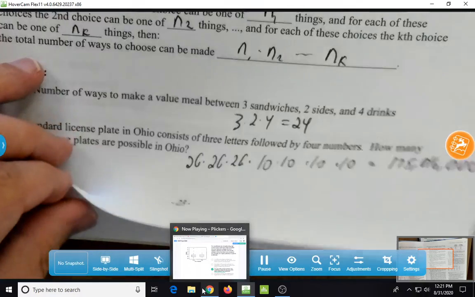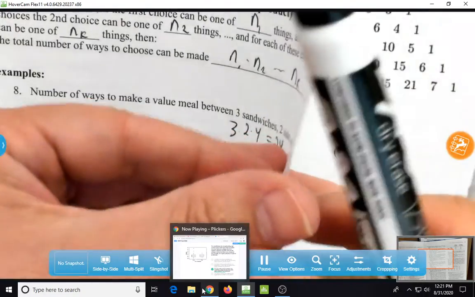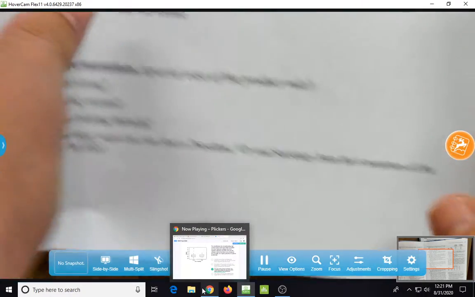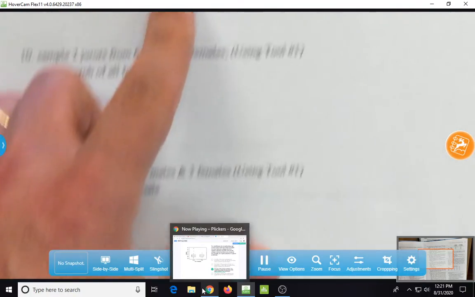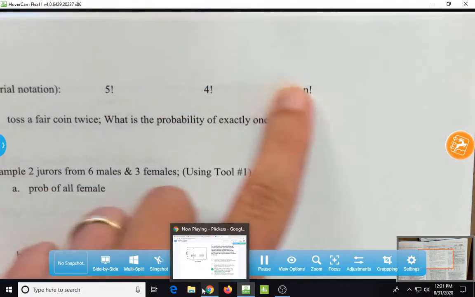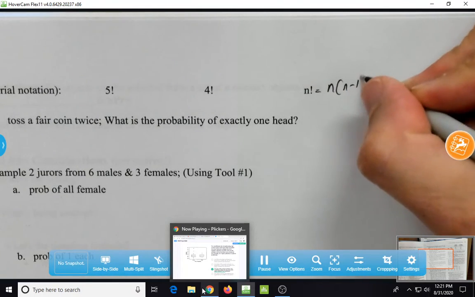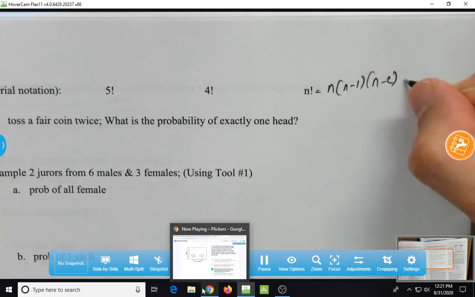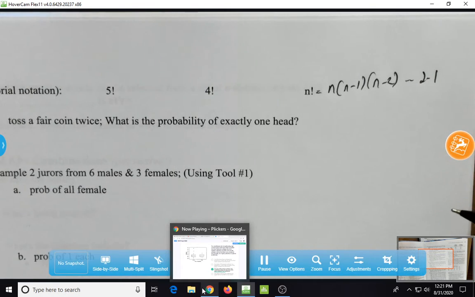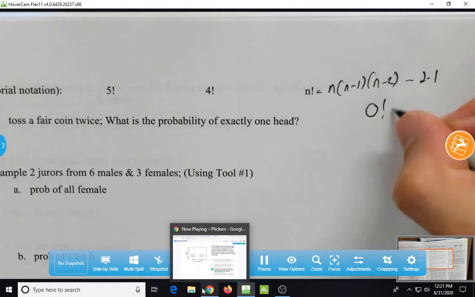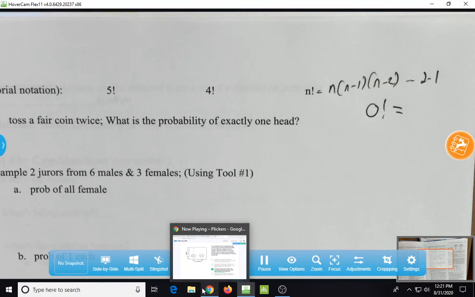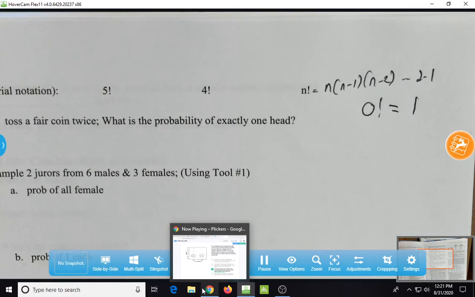All right, let's go on to the next page, page 24. So we already talked about factorial notation, that n factorial is n times n minus 1 times n minus 2 all the way down to 2 times 1. And we also talked about that 0 factorial is the number 1, and sometimes people don't like that.